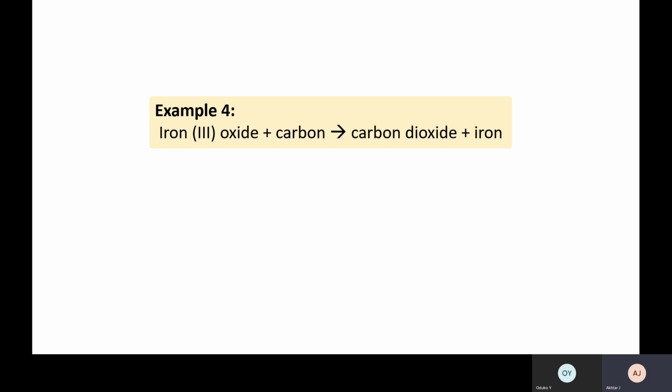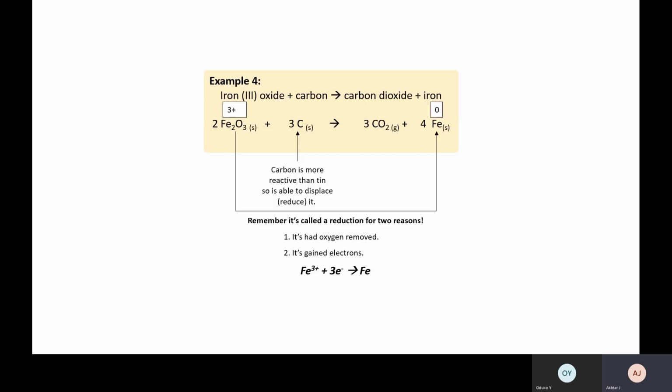Okay, let's go through this. The first thing that I've noticed is my ions have a charge of 3+. That would mean I would need 2 iron ions and 3 oxide ions to make those charges add up to 0. And if I balance the equation, this is what you should get.